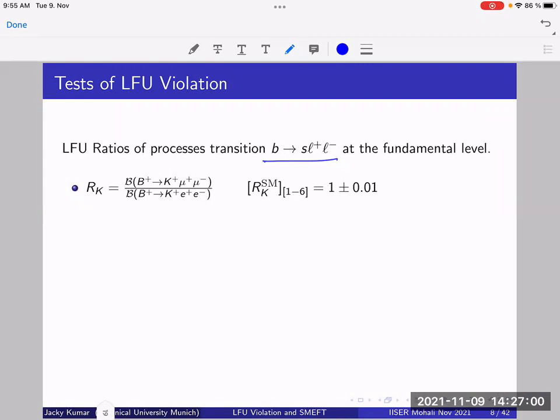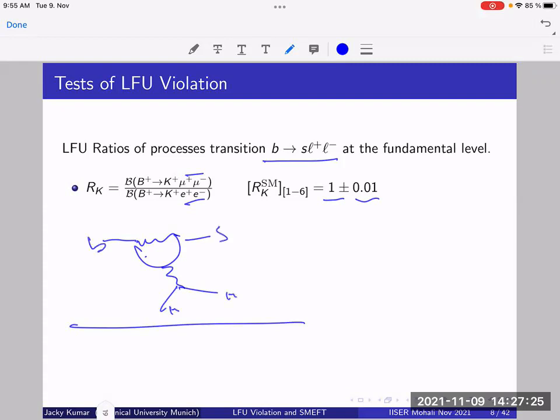Because e and mu behave identically in the standard model, the theoretical prediction for this ratio is 1 in the standard model. And the theoretical error, as you can see, is very small. So the errors in the numerator, this decay is basically like this. You have b to s mu plus mu minus in the numerator, and b to s e plus e minus in the denominator.